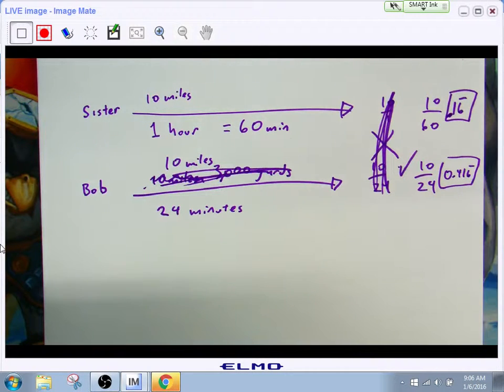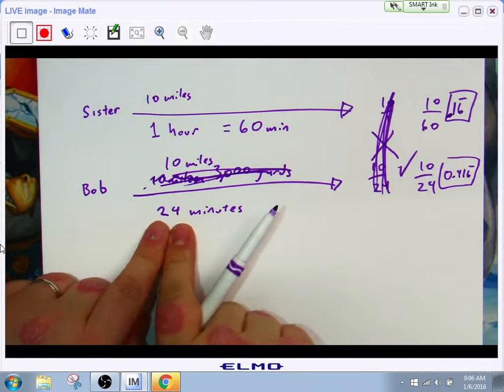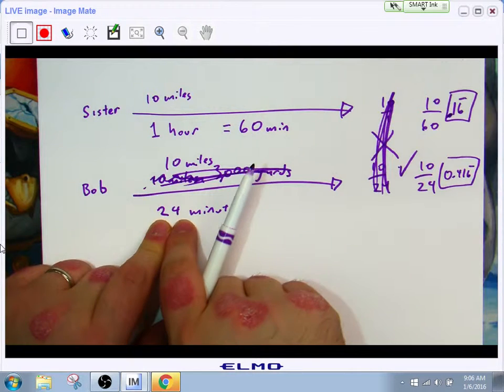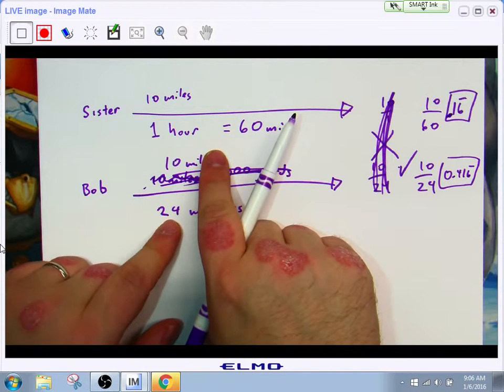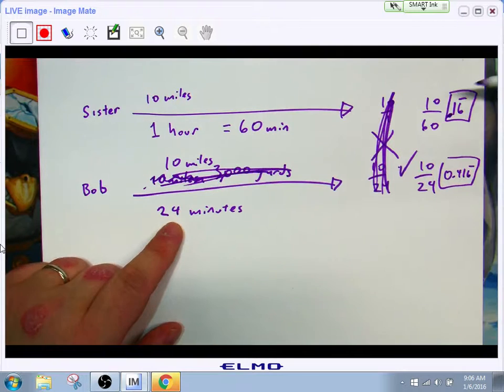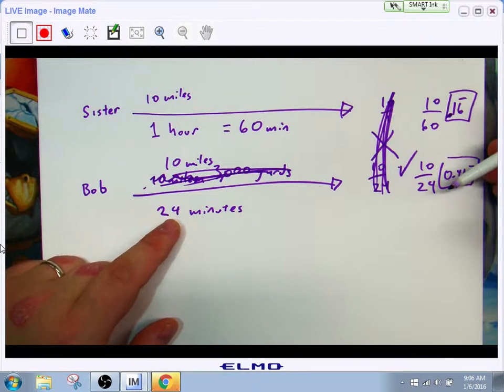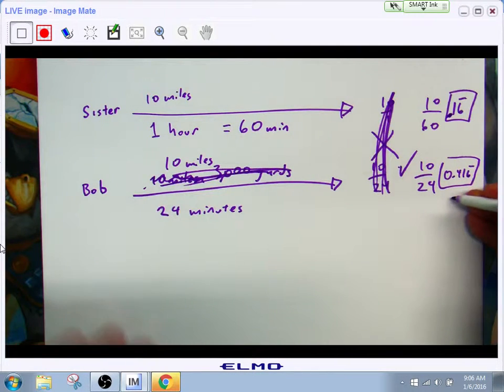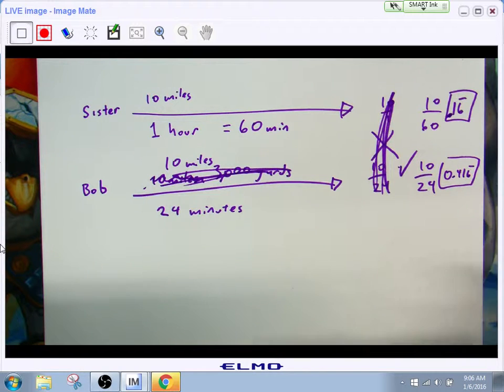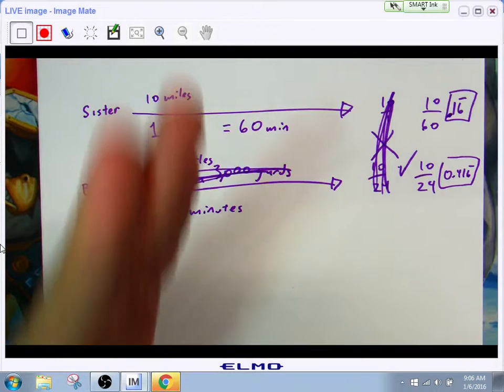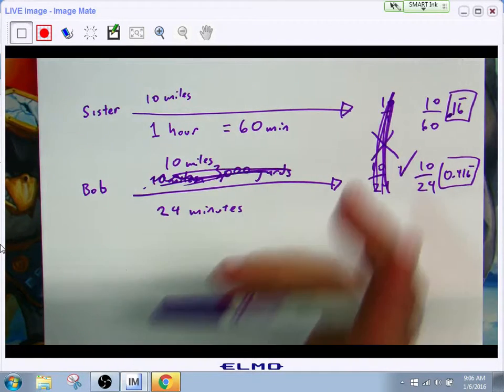Now, we knew this intuitively, right? We knew that getting someplace in 24 minutes is going to be faster than getting someplace in 60 minutes. But this is just showing the mathematical relationship to what we already know. We see that our slope is a higher number than the other one. Thus, the higher slope, the greater slope, shows that it is a faster rate of change.